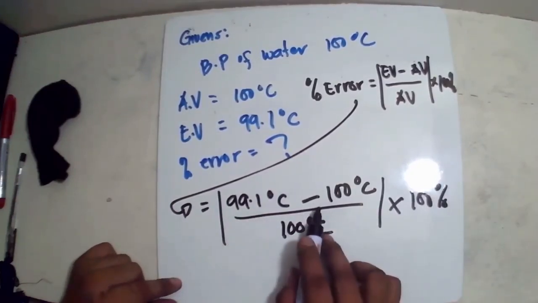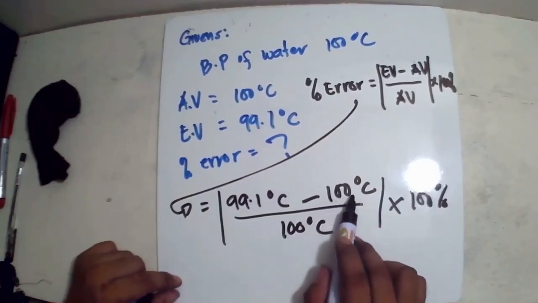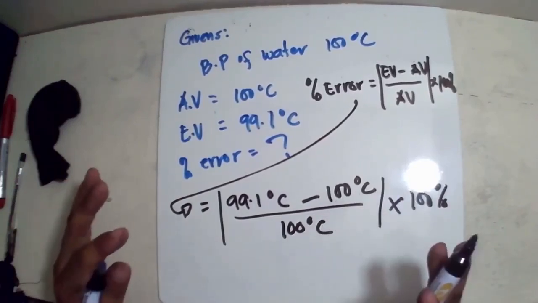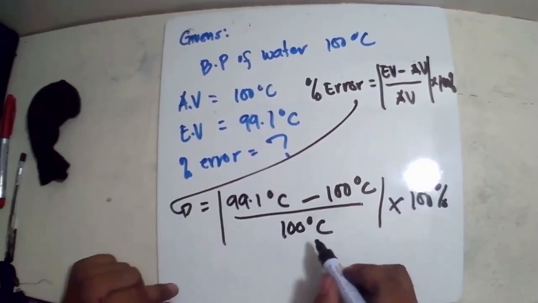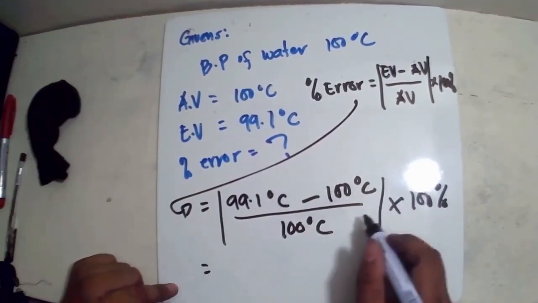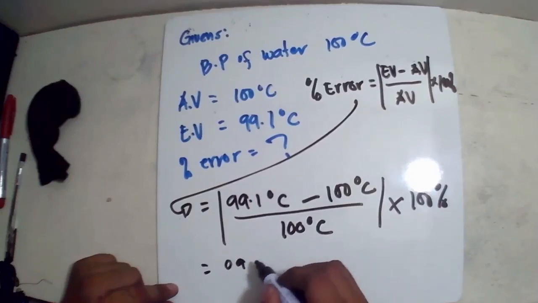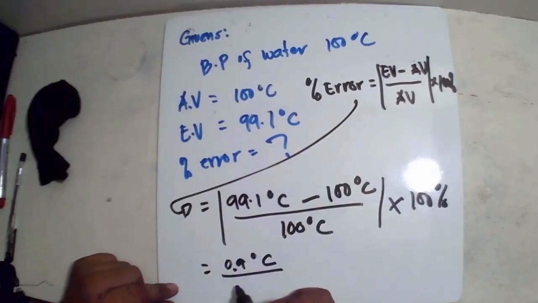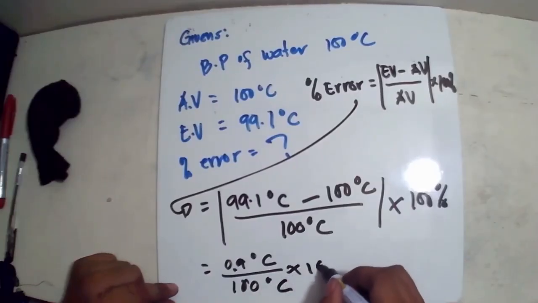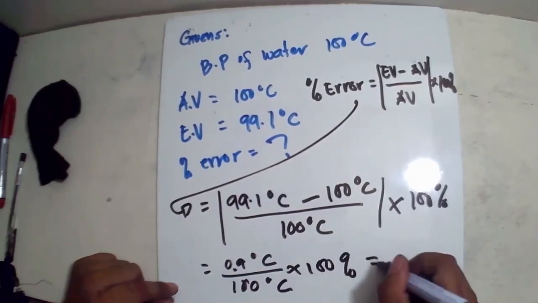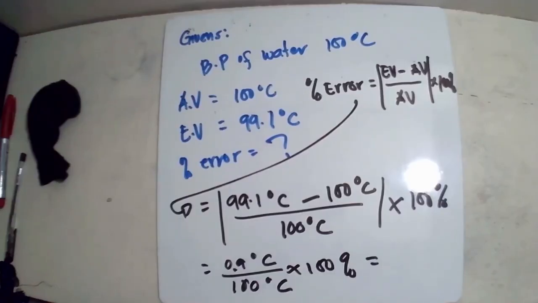So 99.1 degrees Celsius minus 100 degrees Celsius is just an error. You subtract that, and the result becomes 0.9 degrees Celsius divided by 100 degrees Celsius times 100%. Now do the mathematics of that, still in absolute value: 0.9 degrees Celsius divided by 100 times 100%.